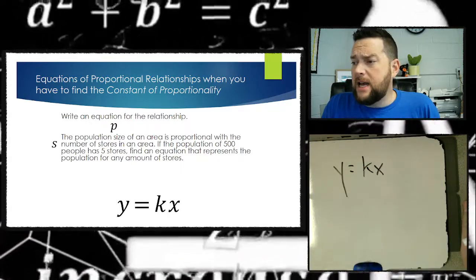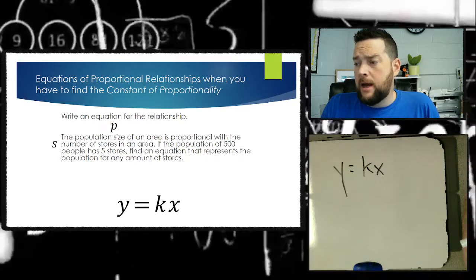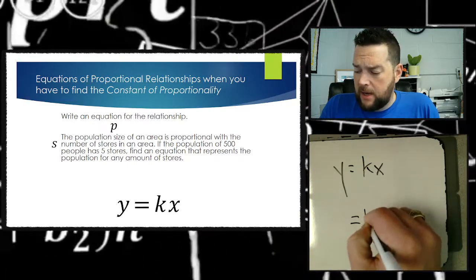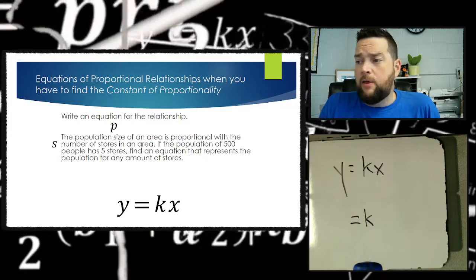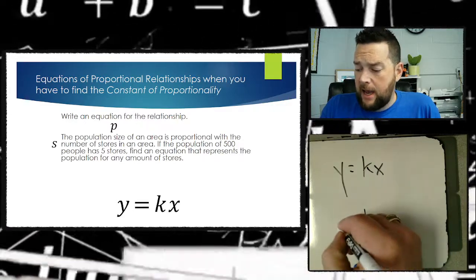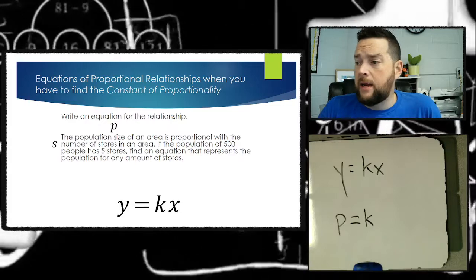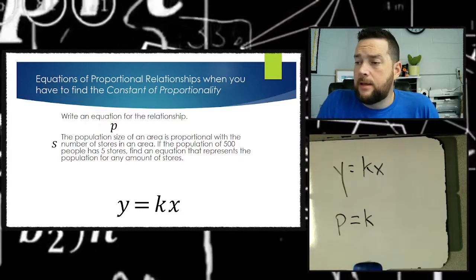It says the pollution size of an area is proportional with the number of stores in an area. "Is proportional with" tells me I've got my equals K, and the words that come before "is proportional with" are pollution size, and I'm given a variable of P, so that's going to go before the equal sign, before the "is" in the problem.